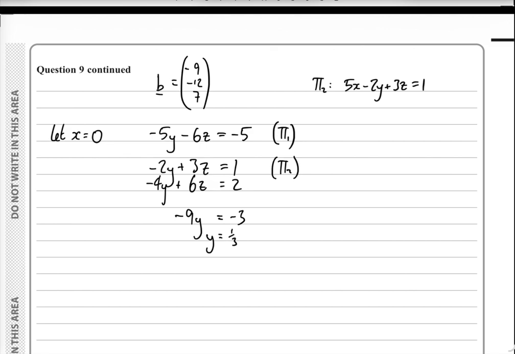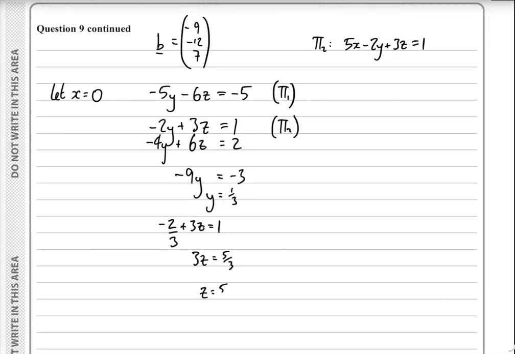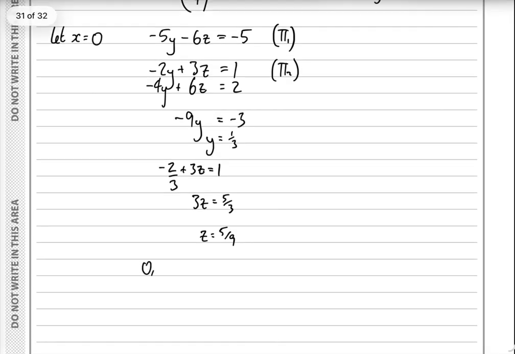And if y equals 1/3, putting that back into one of the equations, we get minus 2/3 plus 3z equals 1. 3z is equal to 5 over 3. Z is equal to 5 over 9. So it's worked out. We've got a coordinate for y and z. So the point 0, 1/3, 5/9 is in both planes.